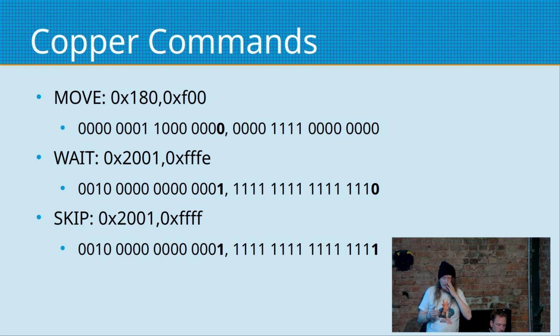This gives a little chance of comparison, but the possibilities of what you can compare with this skip command are quite limited. It's only the location of the raster beam, or whether the blitter is busy. You can basically build up a system that queues all kinds of blits, and the Copper chip will check whether the blitter is ready, and then jump to another list and execute the next blit.